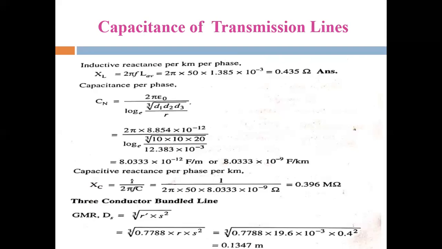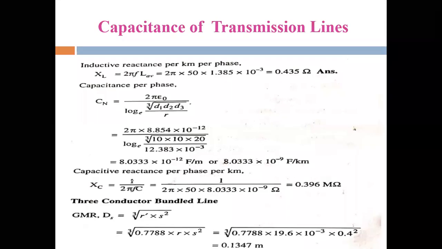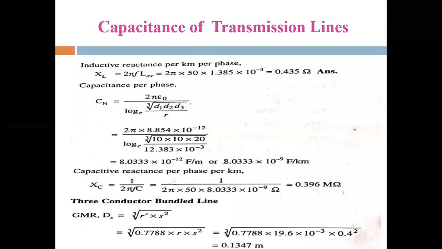Next we calculate the capacitance. What is the formula? The capacitance C is equal to 2 pi epsilon naught by log e cube root of D1 D2 D3 by R, where R is the R dash, that is the self GMR.